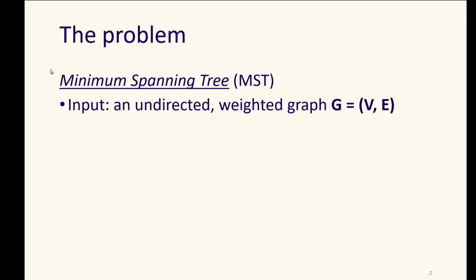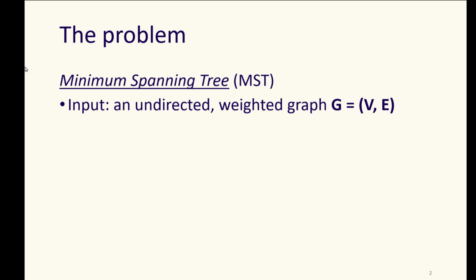So the problem that we approach with minimum spanning trees is we're given an input that's an undirected graph where the edges are weighted somehow, or in other words, the edges have a cost or a distance or some value associated with them that might make one edge better than another for us if we're trying to maximize or minimize.